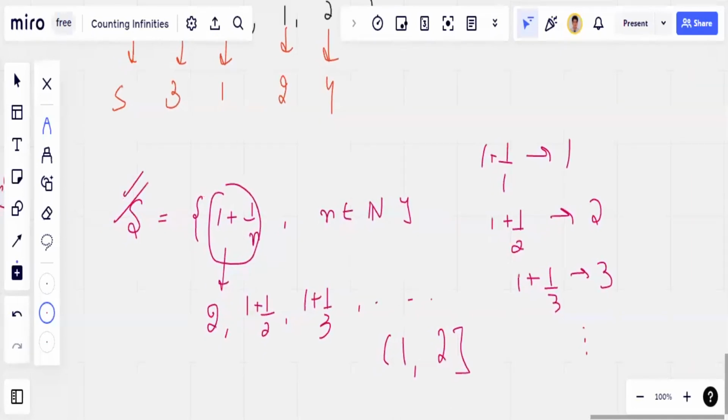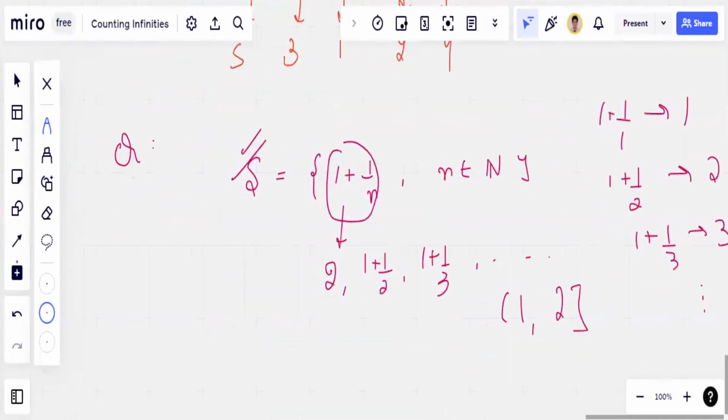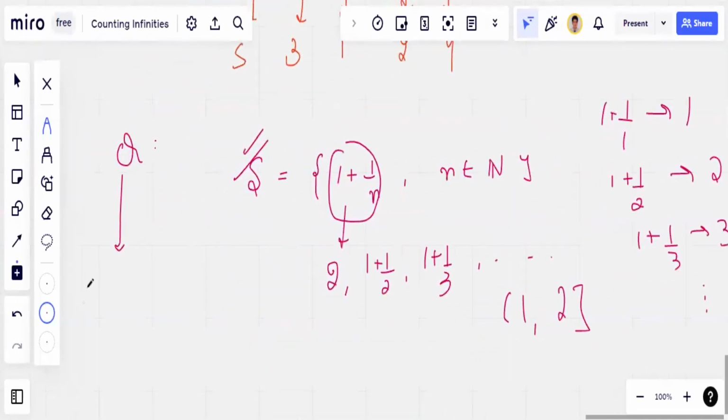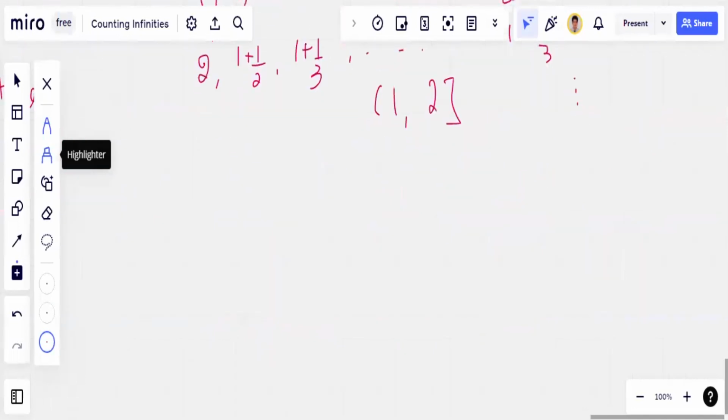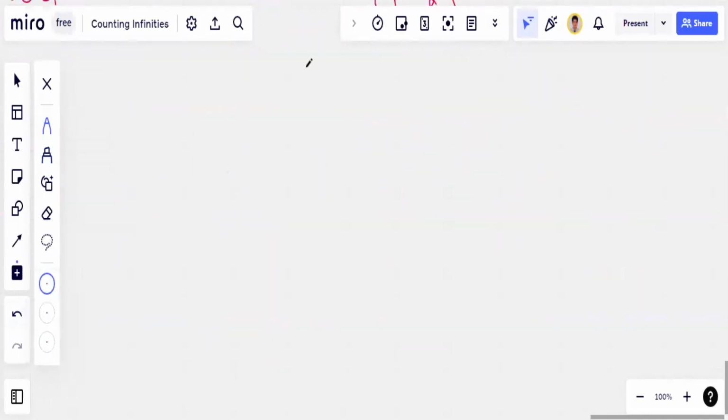Okay. To people who said it's countable, what's your injective map? I'll tell you it's countable. Now try to find a map from rationals to naturals. One more thing I would like to add is that this mirror is not good. Suppose you are mapping rationals into naturals, and suppose your map is something like f of 1, f of 2, then f of 1 by 2, something like that.